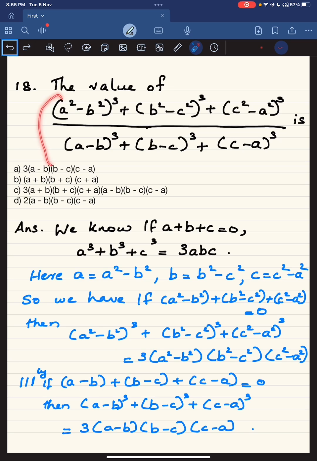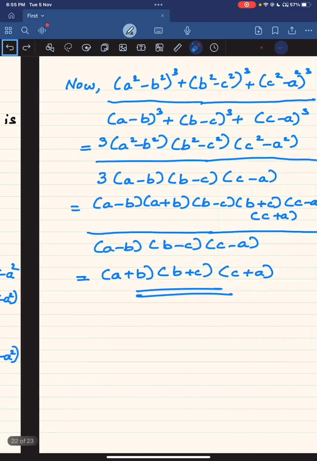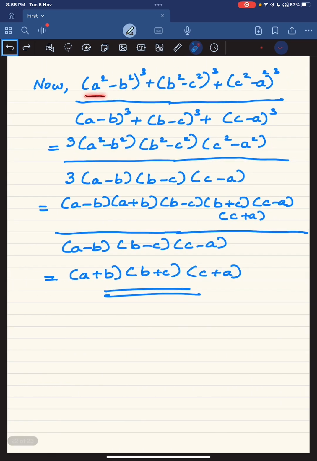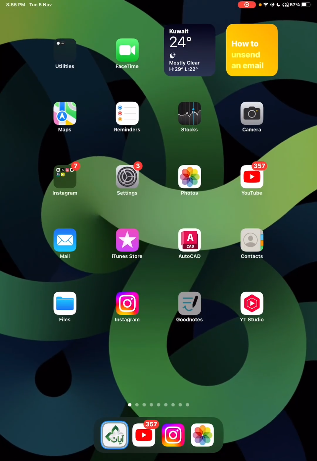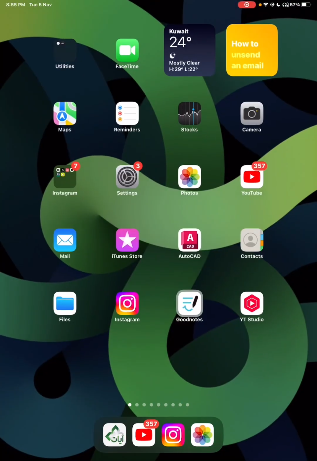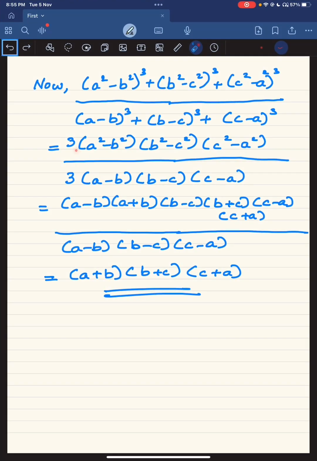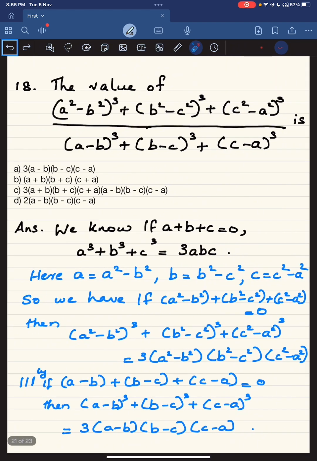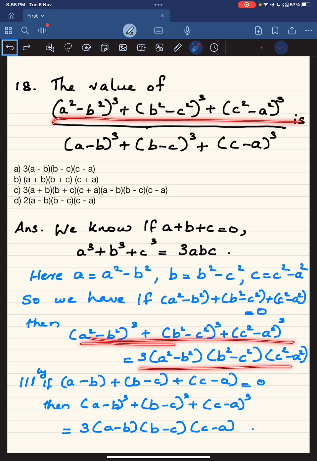So then we can substitute these values. We can rewrite this identity, and then we got what we already found. Look, this identity changes to this one. This transforms to this.